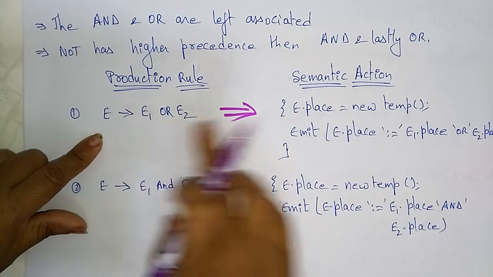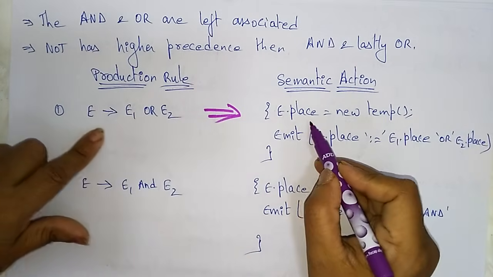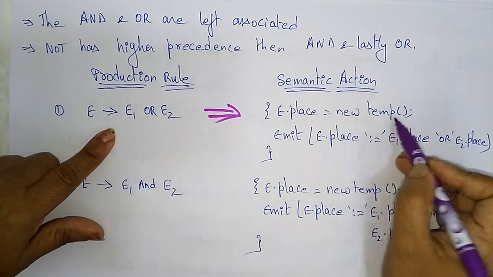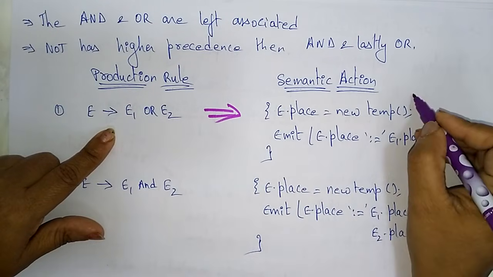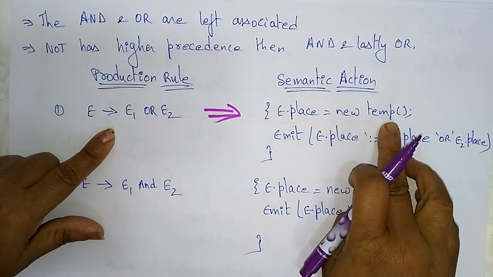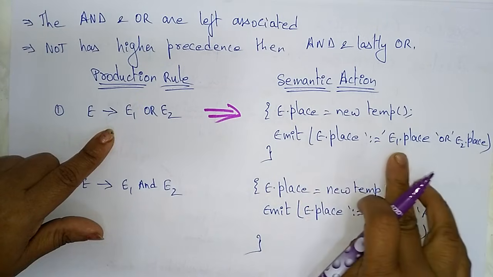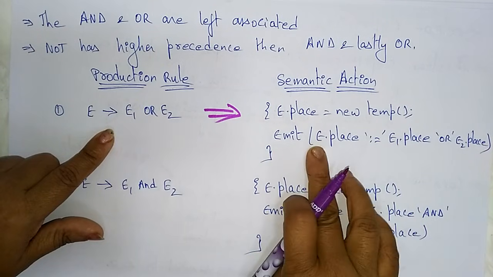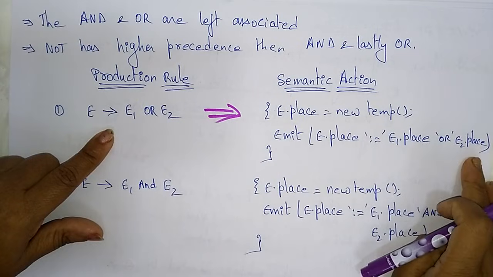So for this production, the action is E dot place is equal to new temp. It means you have to assign a temporary variable, and for that temporary variable you generate the 3 address code, that is E1 dot place or E2 dot place.